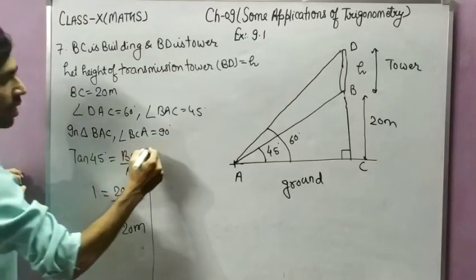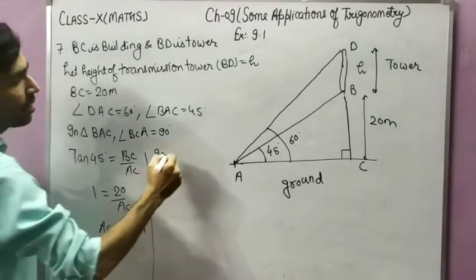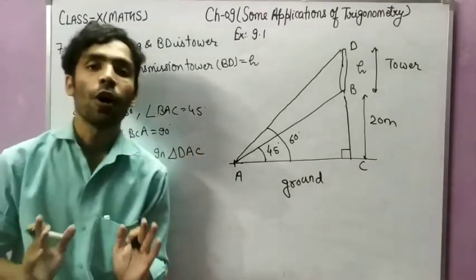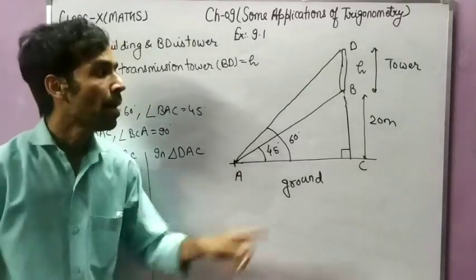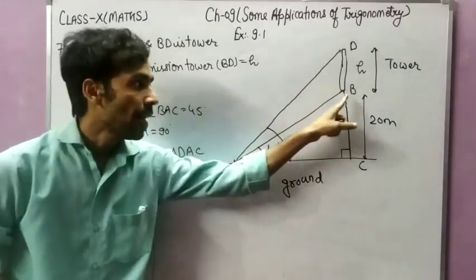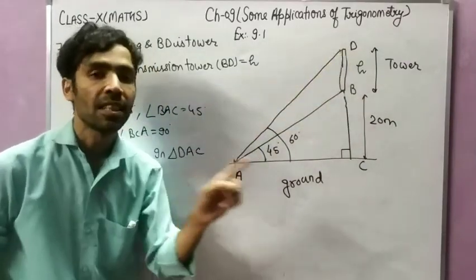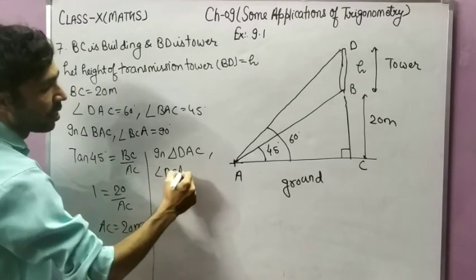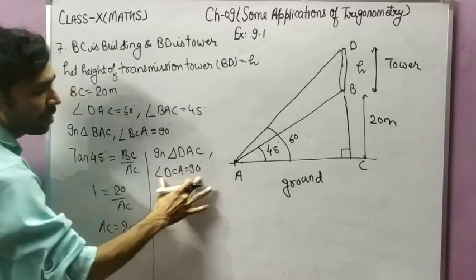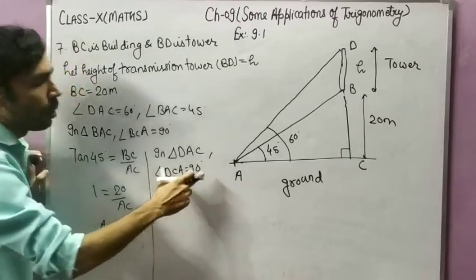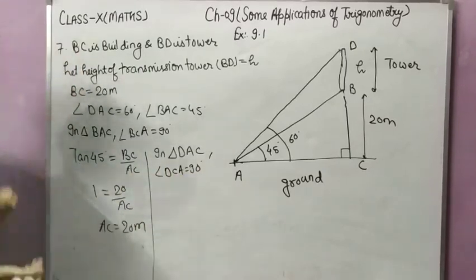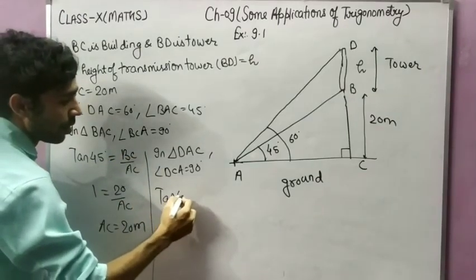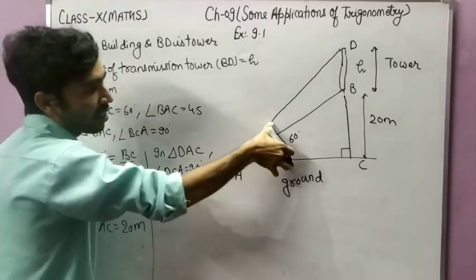Now in triangle there is one more triangle na, that is triangle DAC. Student, remember one thing, trigonometric ratio are always applied only in right angle triangle. इसलिए मैं right angle triangle में ही tan theta अप्लाई कर रहा हूँ. पहला वाला ट्रायंगल BAC है और दूसरा वाला ट्रायंगल DAC है. और DAC में कौन सा एंगल 90 डिग्री है, एंगल DCA is 90 डिग्री. ये लिखने की जरूरत नहीं है, it is understood, but if you want to write then you can write. ठीक है, so in triangle DAC if I will apply tan 60, student, tan 60, क्योंकि ये पूरा एंगल होगा ना.